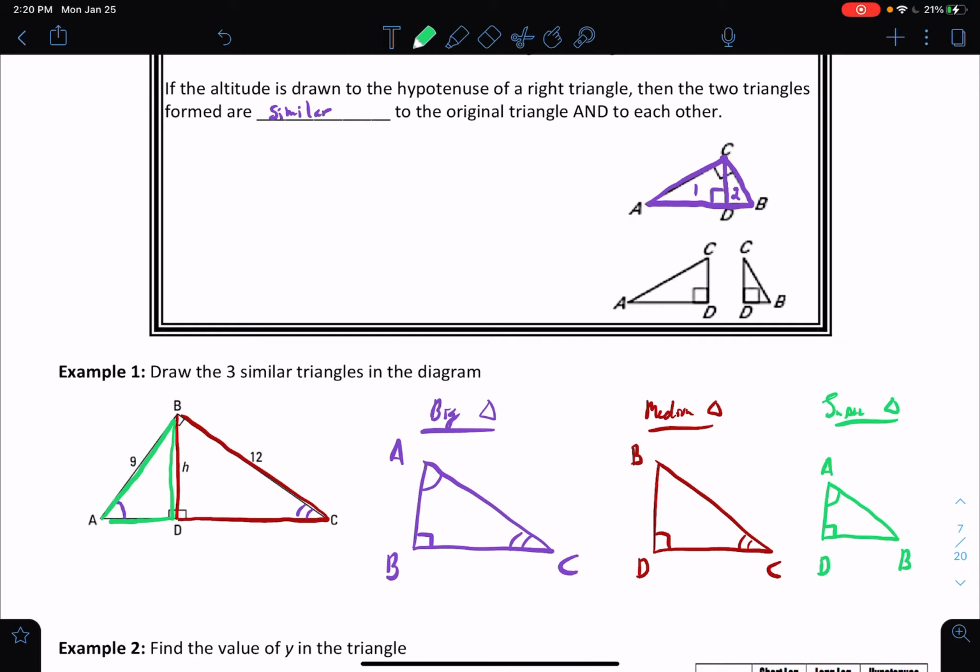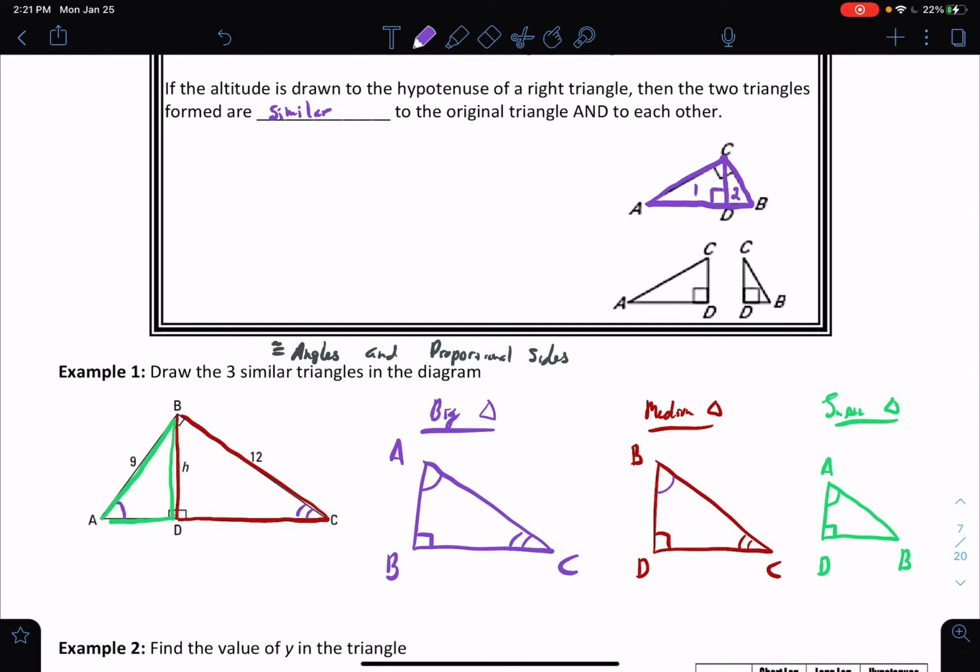All right, now, remember, similar triangles have congruent angles and proportional sides. So a big triangle compared to the medium triangle, you've got the 90-degree angles that match up and the two angle swoops which match up, which means that angle B in the medium triangle needs to be the one swoop because the angles need to be congruent.